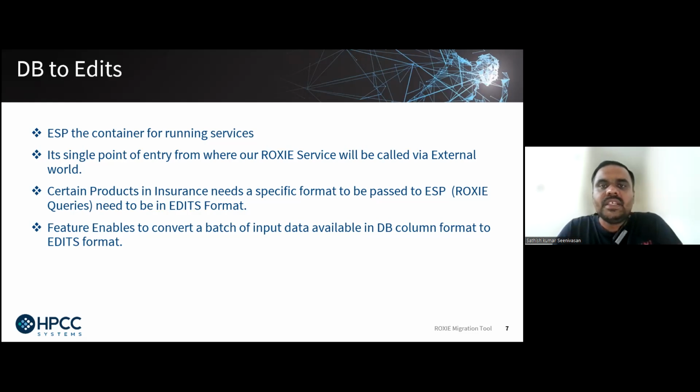Finally, we are receiving the XML output from the ROXIE service. Then we are converting that XML output into edit format. Then we respond to the outside world. This is the overall ESP process flow.